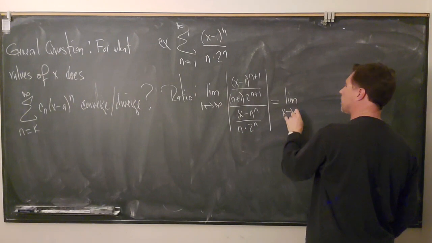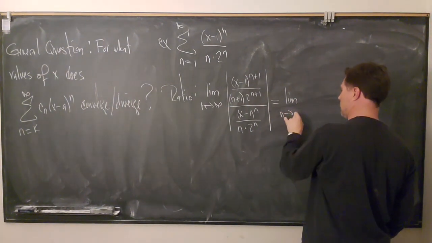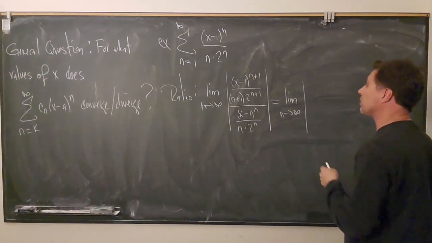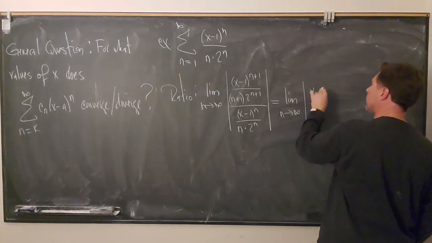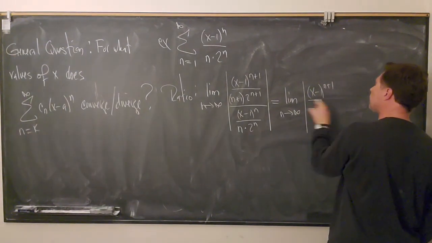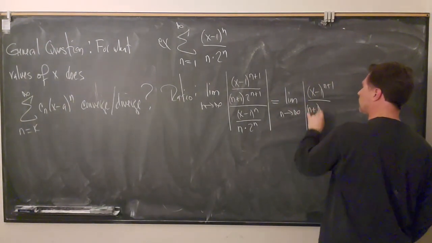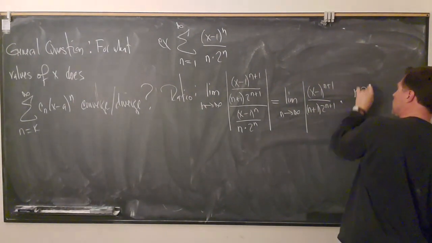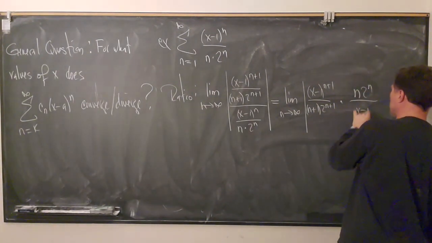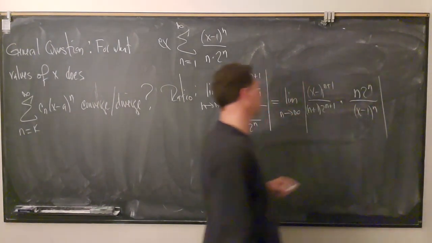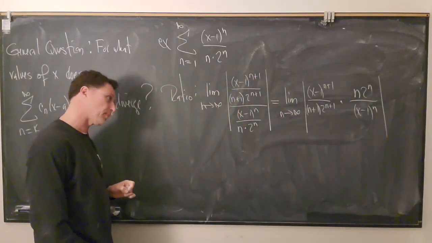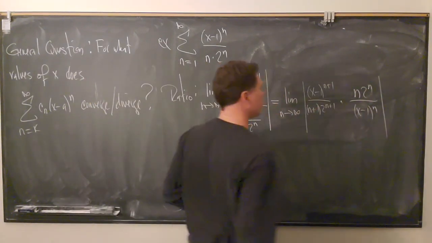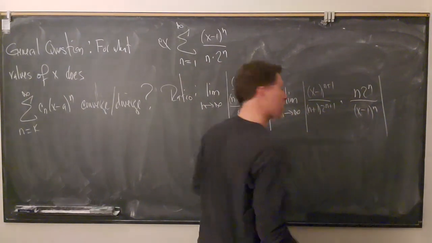That's equal to the limit as n goes to infinity. I'm going to flip and multiply and then see how things cancel. So we'll have x minus 1 to the n plus 1, n plus 1, 2 to the n plus 1 times n 2 to the n over x minus 1 to the n. Okay, so I did flip and multiply. Now I'm going to cancel whatever cancels. And notice I can cancel some 2's and I can cancel some powers of x minus 1.